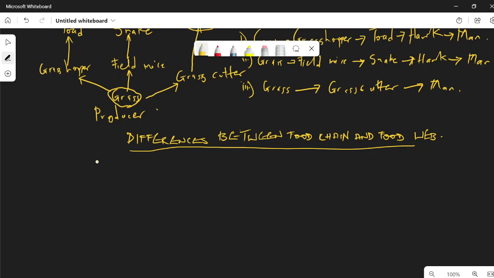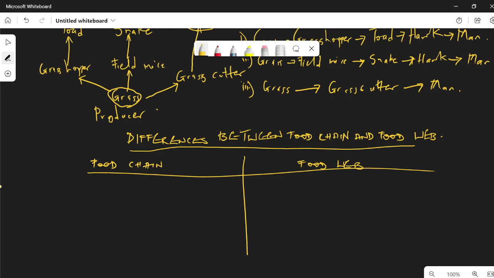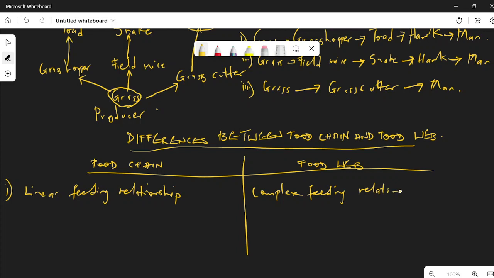Number one, food chain is a linear feeding relationship, while food web is a complex feeding relationship.